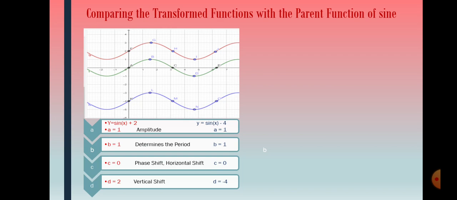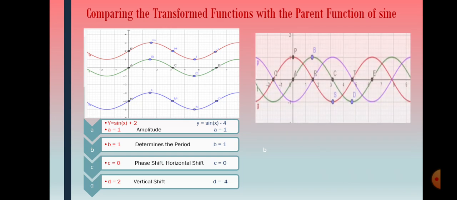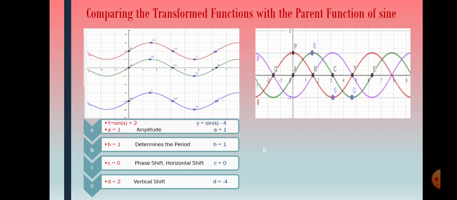All right, if you check with your work, you must have the same answer, correct? Good job. Over here, we have the sine function in green, the sine x. And then we have two more functions, one in red and one in purple.